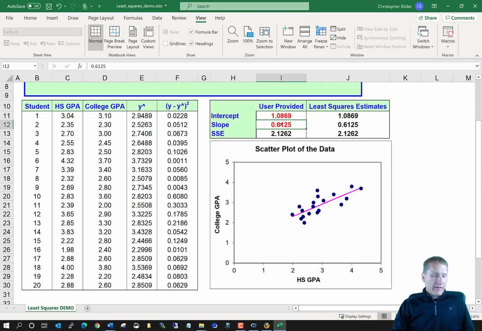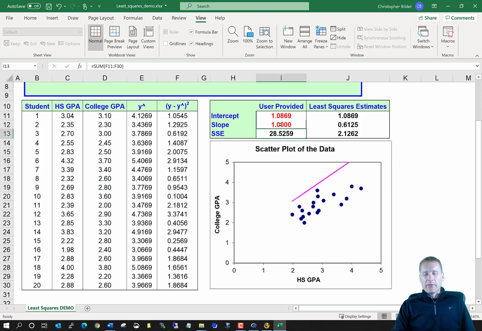But let's say, and this is on page 8, I change the slope to 1. Look what happens to the line. Is that a good estimate of the relationship between high school and college GPA? No, it's not. Look at the sum of squared errors. It has really gone up. Okay, so we wouldn't want to use that line to describe the relationship between high school and college GPA.